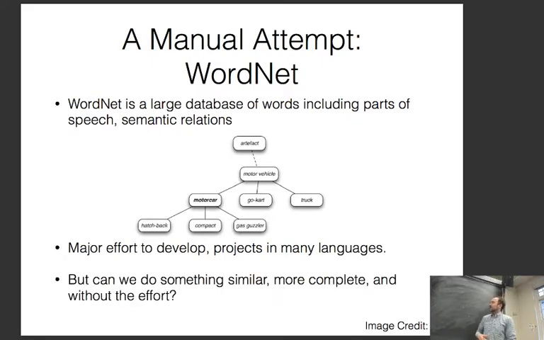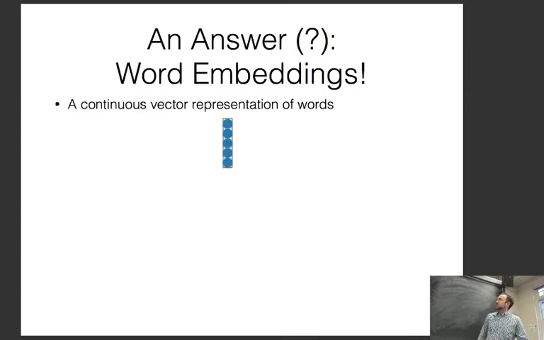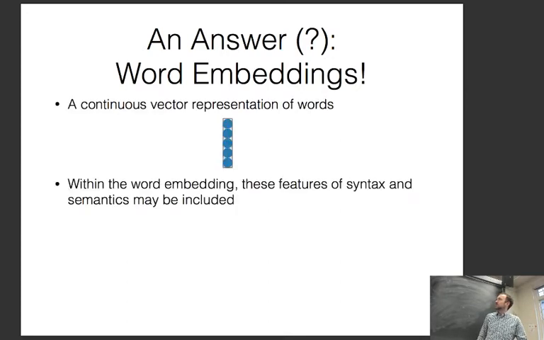So the idea is we would like to create something that's almost as good as WordNet, maybe better in some ways, worse in other ways. But is it more complete and with less or no effort? And the answer to this is word embeddings, like you read in the reading. So they're continuous representations of words. Within the word embedding, they have features of syntax, semantics, etc. So like WordNet, they encode parts of speech.